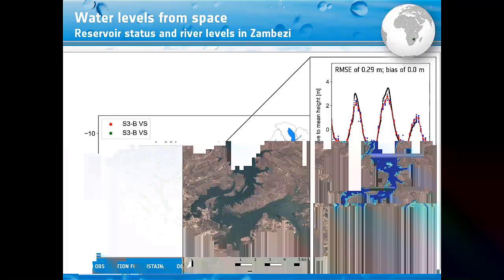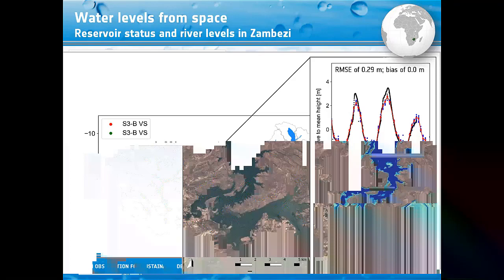In rough numbers, we estimate that 50 plus suitable locations for altimetry-based water level estimation are available within the Zambezi Basin, compared to maybe 5 or 10 targets with the older altimetry missions.